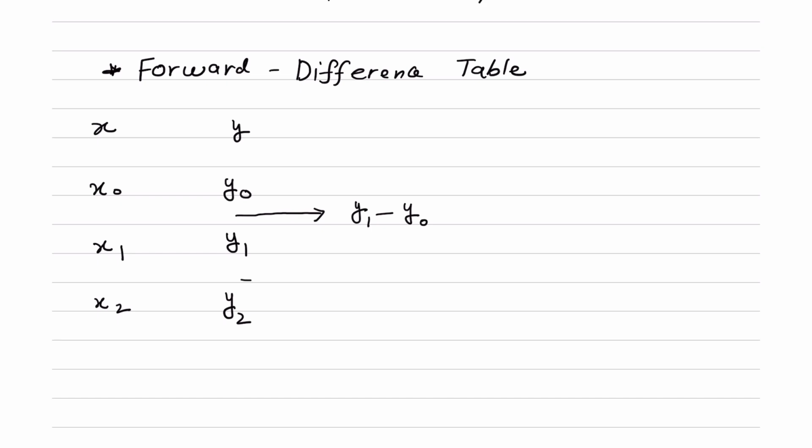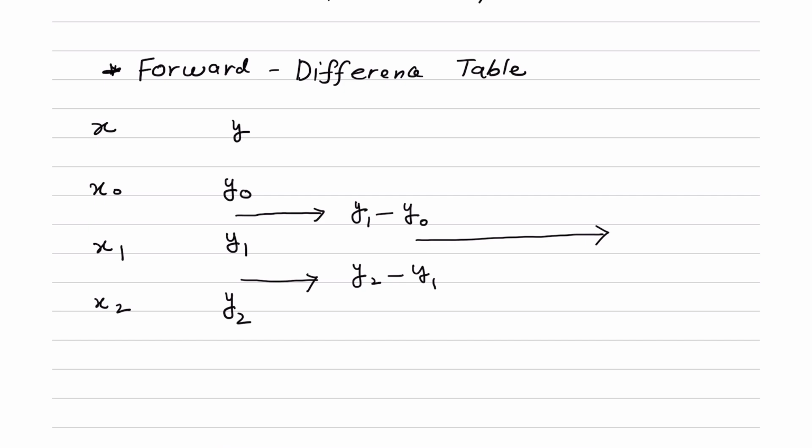Now you put an arrow between the next two y values and calculate the difference between these two values, y2 minus y1. Now you can also put an arrow between these two values, so it is second value minus first.